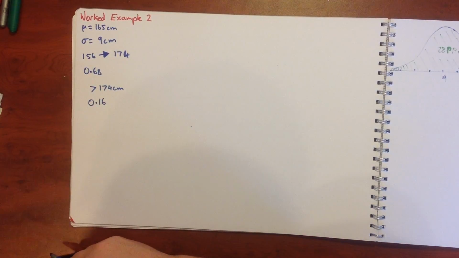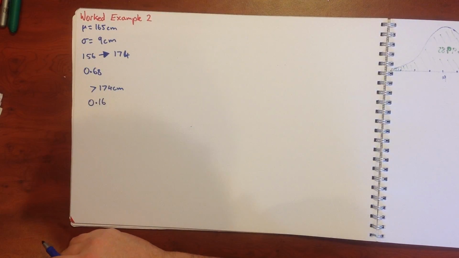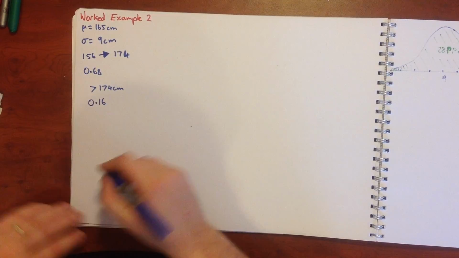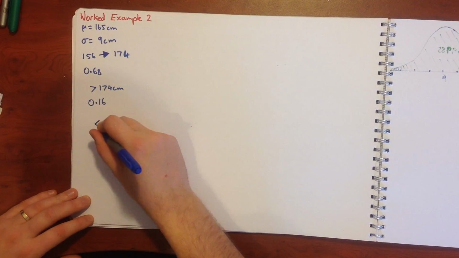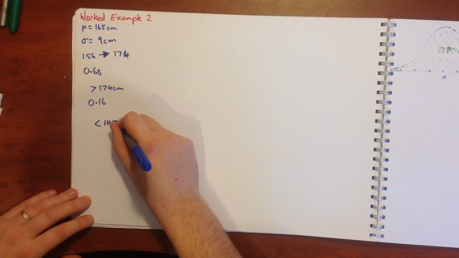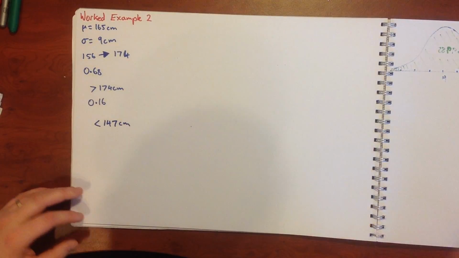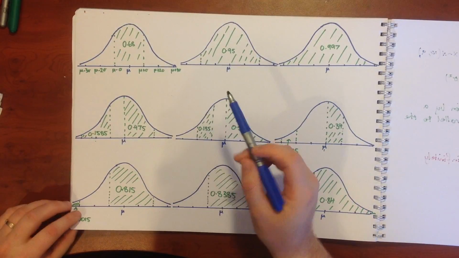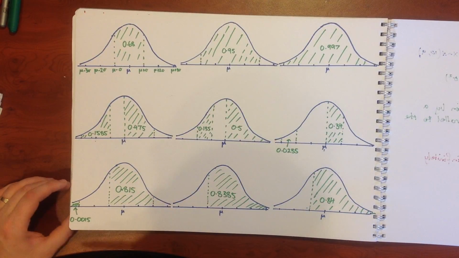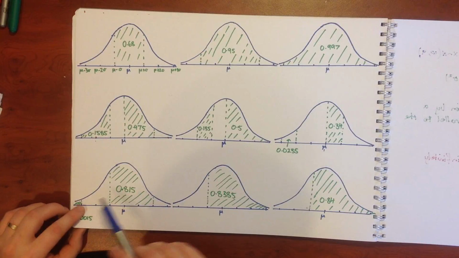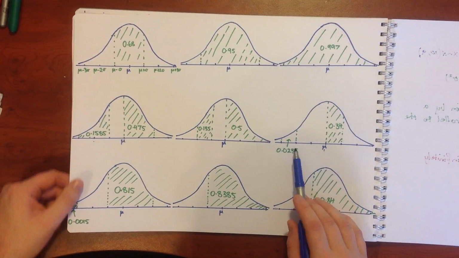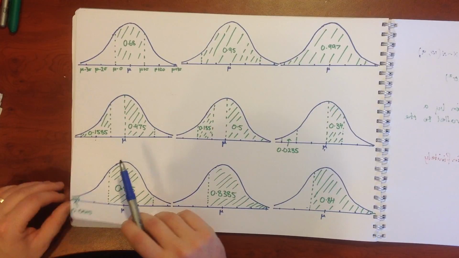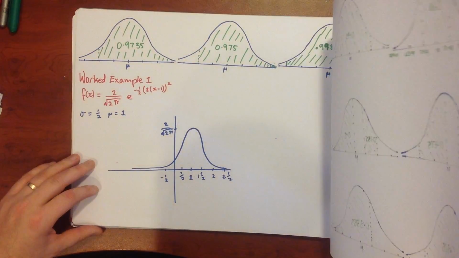For part C, what approximate percentage of the women in this town are shorter than 147 centimetres? So we want to be less than 147 centimetres, which is 2 standard deviations below.